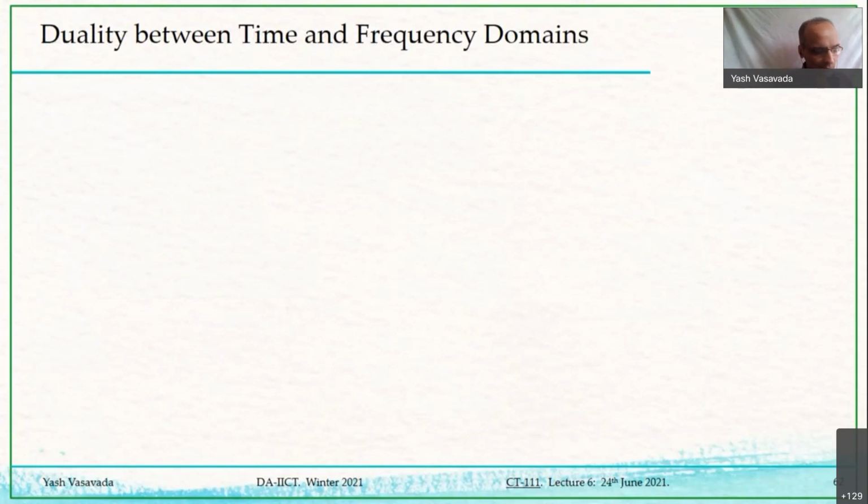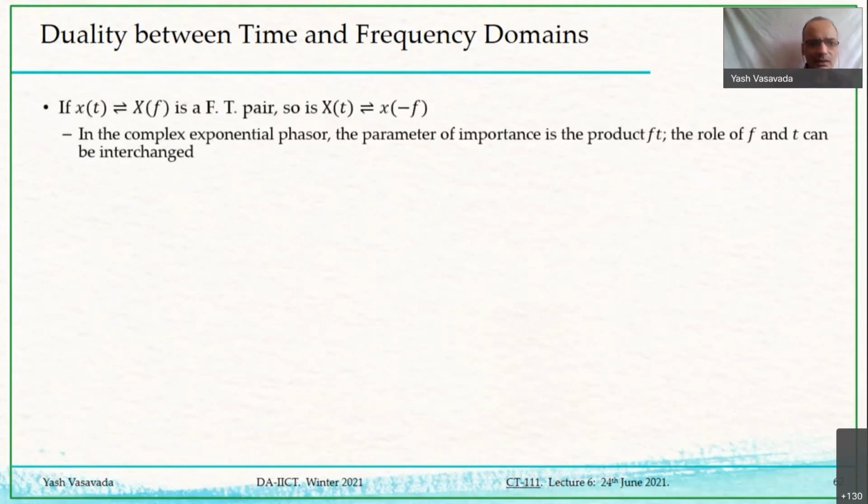Okay, and now the last thing that we will do today, in another 5 to 10 minutes, is talk about a very interesting aspect of the Fourier transform, which is called the duality property. I think we briefly talked about it earlier. Basically, what this duality property says is that if you have a Fourier transform pair, from it you can make another Fourier transform pair by just changing the time and frequency.